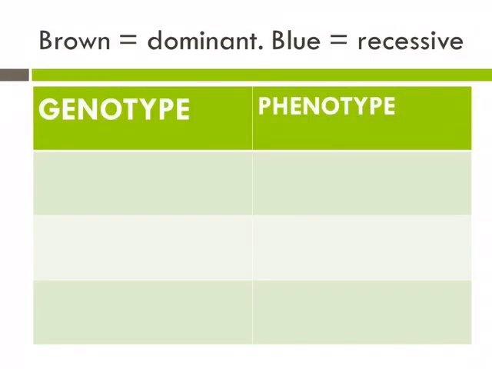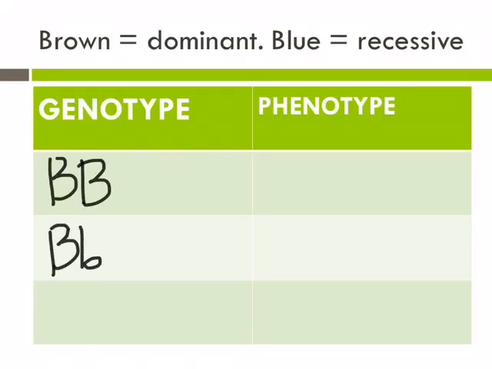Okay, let's practice for a second. So there's two alleles for eye color. Brown is dominant and blue is recessive. There are three possible genotypes that someone could have for eye color. They are big B, big B, big B, little b, and little b, little b. The phenotypes are what the person will look like.